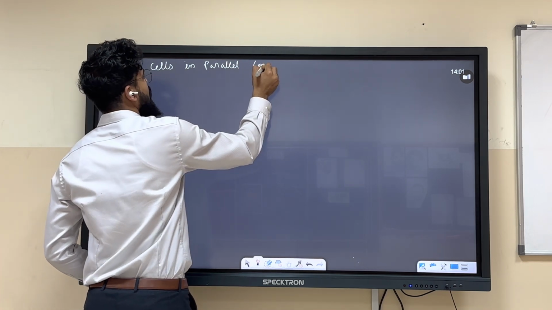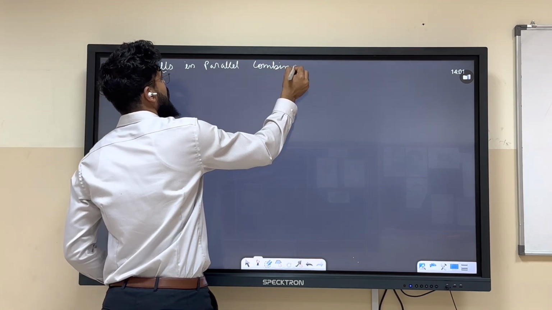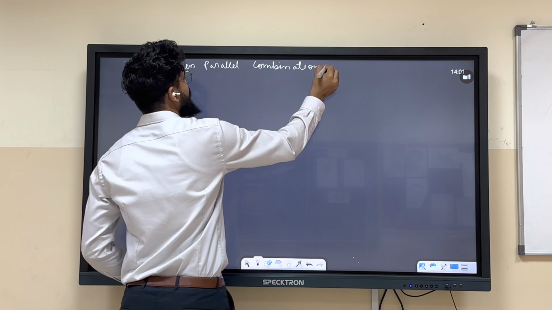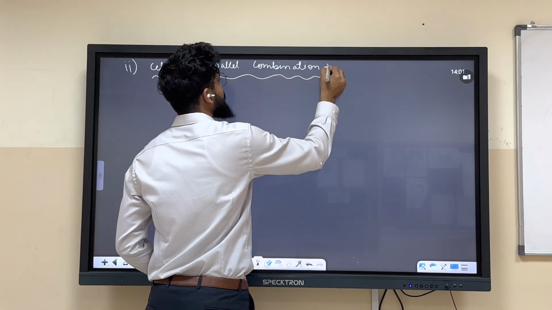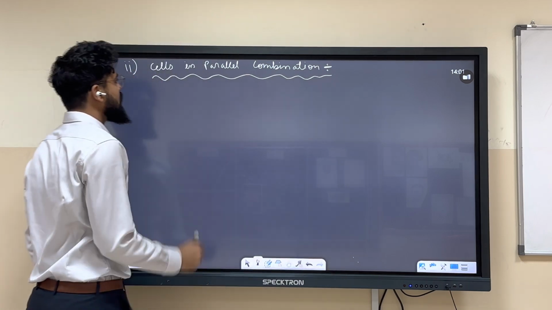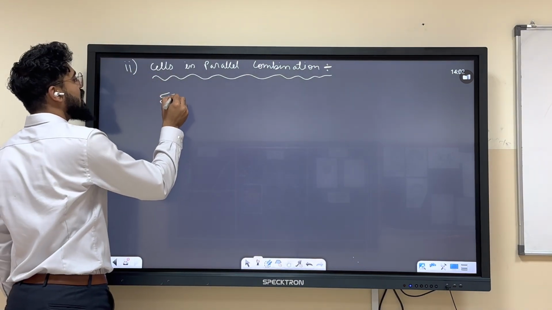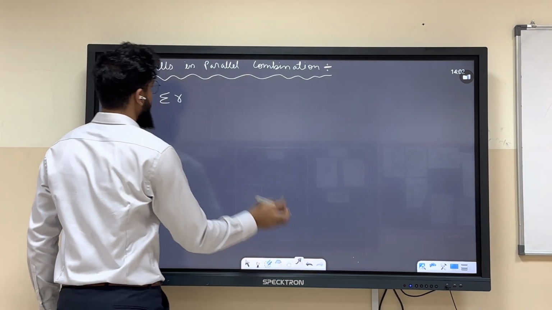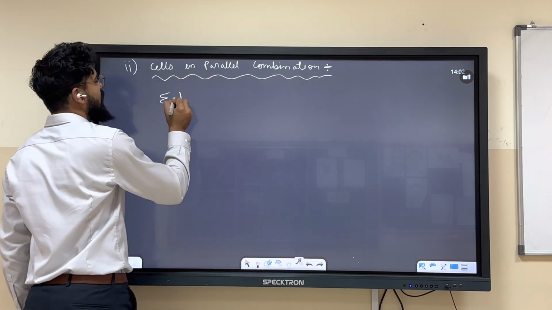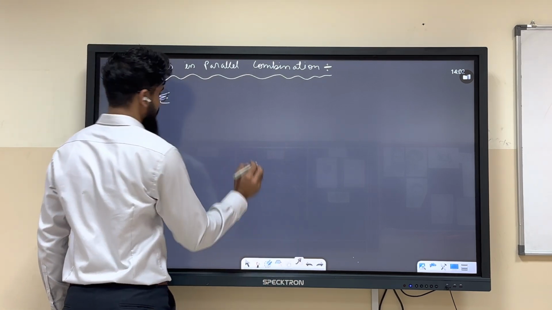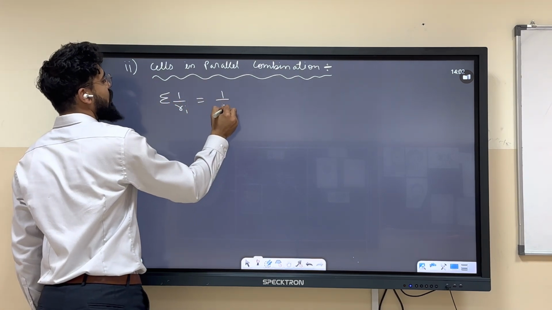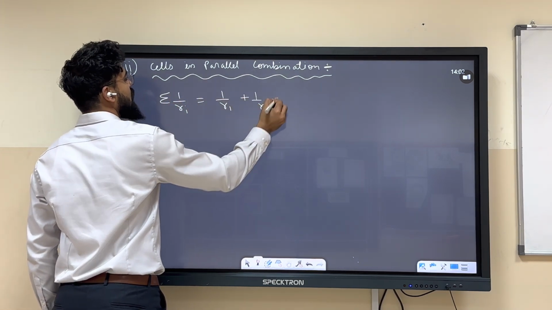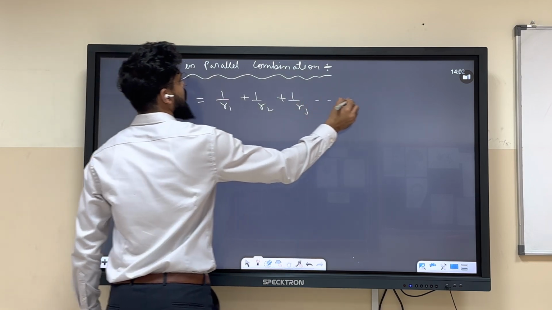Cells in parallel combination. Over here we will use sigma, that is nothing but the summation of something. So when we are writing sigma 1 upon r, it is nothing but 1 upon r1 plus 1 upon r2 plus 1 upon r3 and so on.